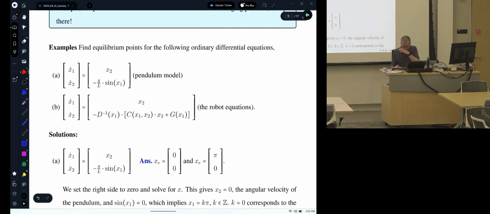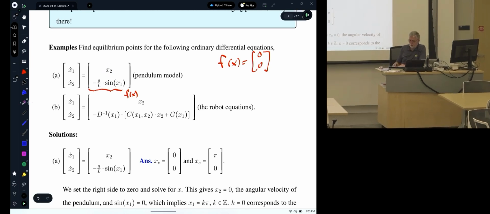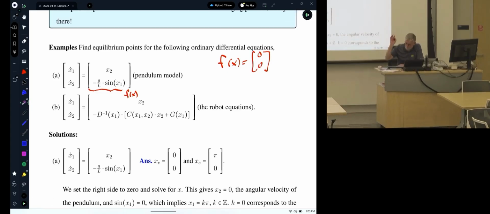And so if you want to find the equilibrium point for the pendulum, okay, so this is f of x. We set f of x equals 0, 0, because it's a two-dimensional vector. So that gives theta dot, which is what x2 is, has to be equal to 0, which makes sense.